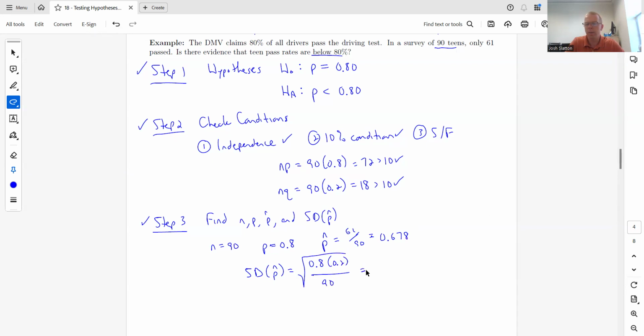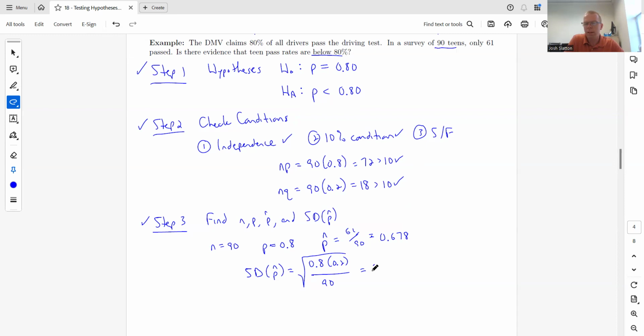And I would recommend you keep this. The one we did in the first video where the standard deviation was 0.02, that was an exact answer. It happened to be that 0.02 is the exact standard deviation in the first video. But normally you get an irrational number because you have the square root. Most of the time, you're not going to have a square root that comes out nicely.